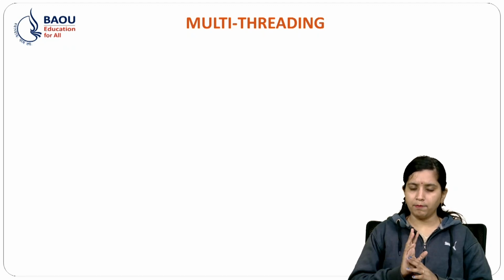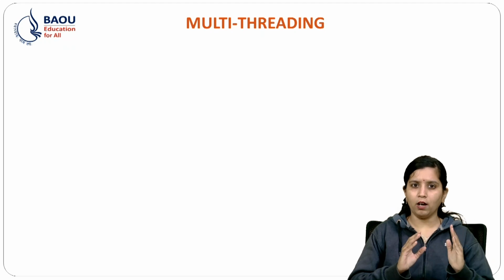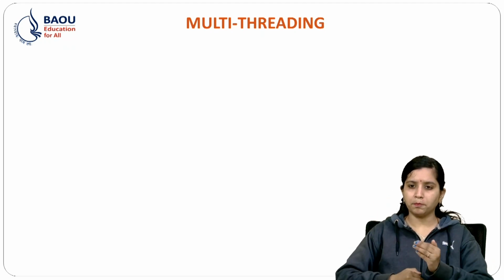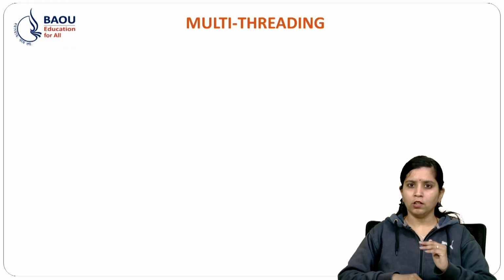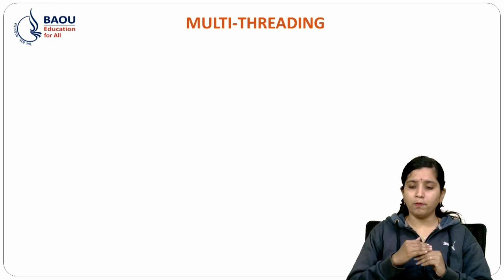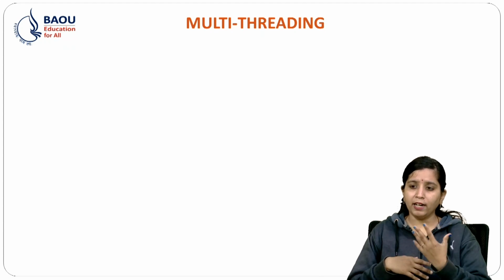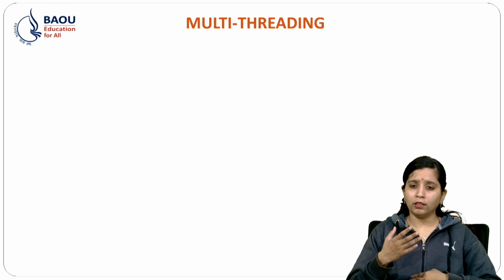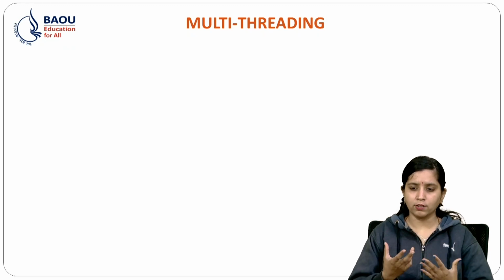For example, a word processor may have a thread for displaying the graphics, another thread for responding to keystrokes from the user, and a third thread for performing spelling and grammar checking in the background. So this is how multi-threading works.